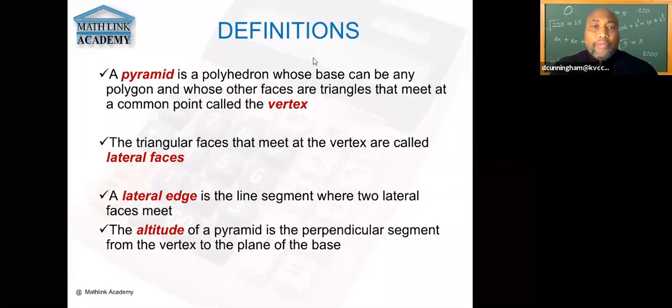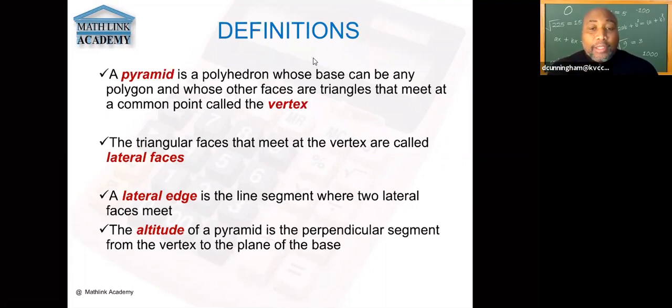So let's look at a few definitions here. A pyramid is a polyhedron whose base can be any polygon and whose other faces are triangles that meet at a common point called the vertex, the high peak.